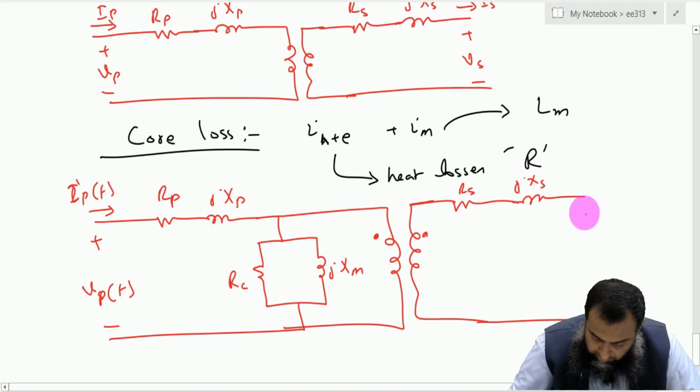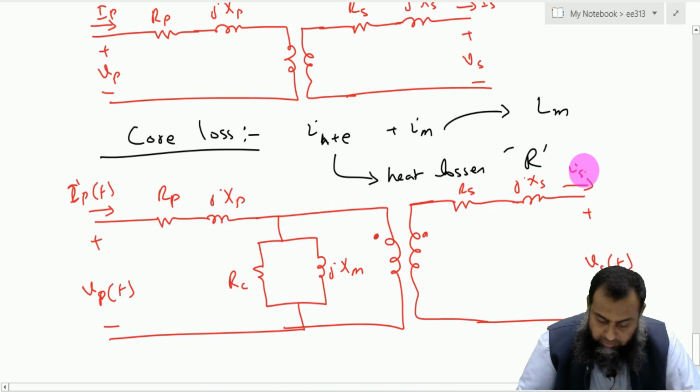This is the voltage VS, and here we have the current IS.